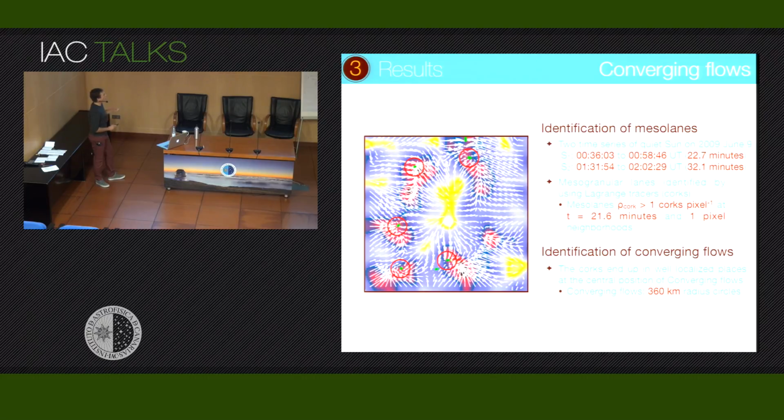In this way, we can also identify the inflow centers. Once we know the position of these inflow centers, we define converging flows as 360 kilometer radius circles around these centers. Here, I show these converging flows with red circles in the image.